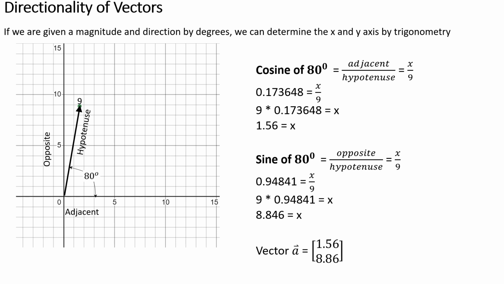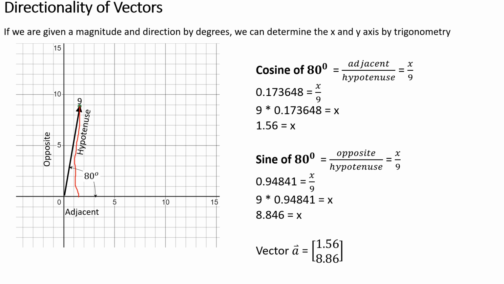Now, we can even do this with, as I was alluding to earlier, trigonometric functions. The cosine of 80 degrees, remember, cosine is adjacent over hypotenuse. If I have a distance of 9, and this is the hypotenuse here, because remember, if we use trigonometry, I'm trying to draw the right angle here.